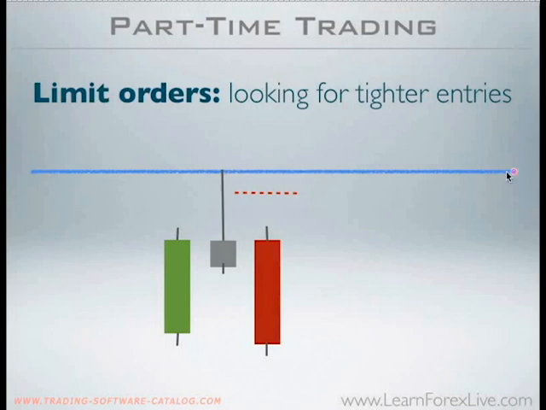So the question remains: how far can I push this limit order safely, or safely enough to have a high chance that it's going to get triggered in this bar?